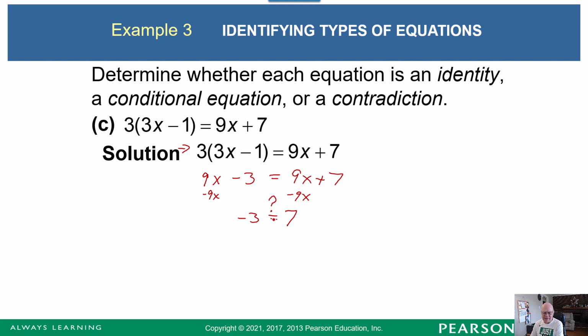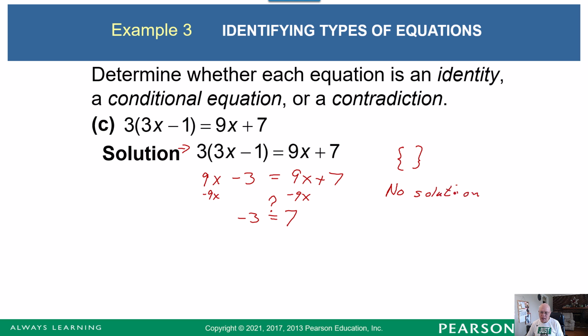That's suspicious, isn't it? Negative 3 and 7 are not the same. Ever. That means the solution set would be the empty set. Or, depending on how the question is stated, you might say there's no solution.